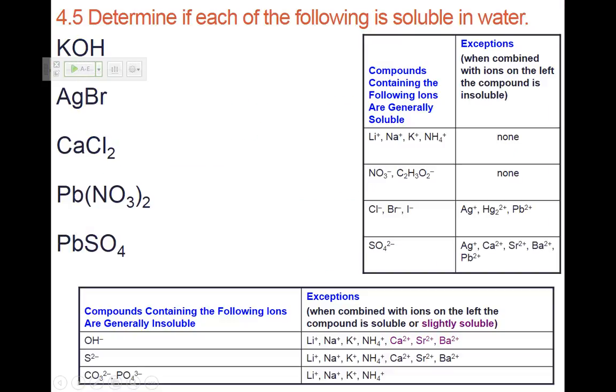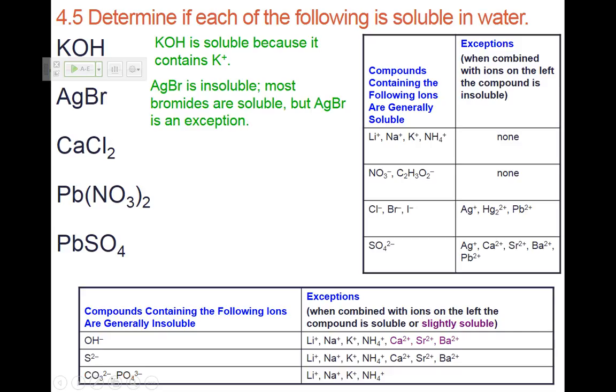So if we're looking at these, and this is the last thing I'll go over today, and then we'll talk about actually doing reactions. KOH: potassium's in that first column, it's soluble because it contains K+. So it will dissolve in aqueous solution. AgBr: Br- is not soluble when it comes into contact with silver, so that would be insoluble.